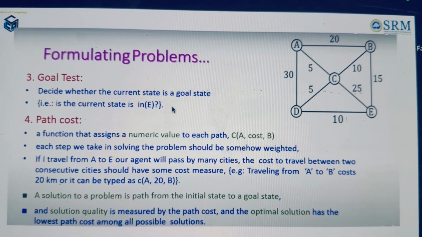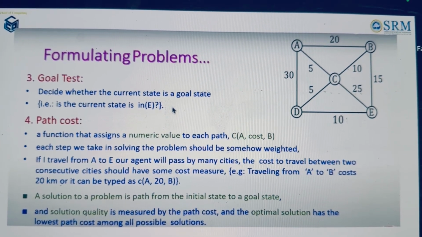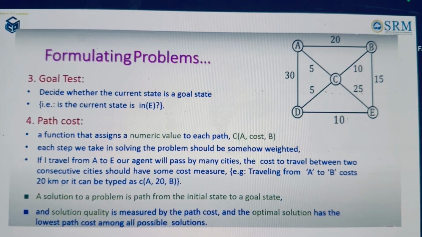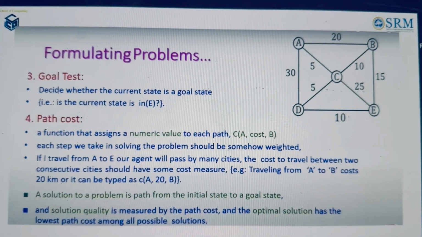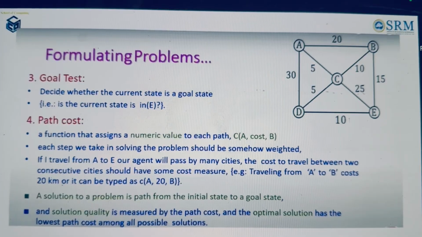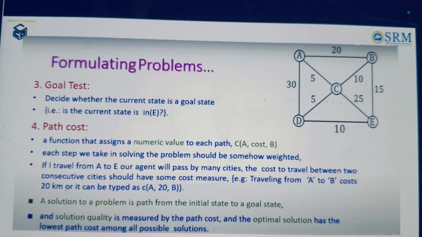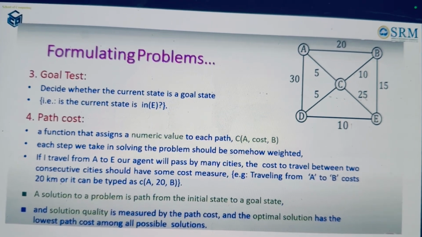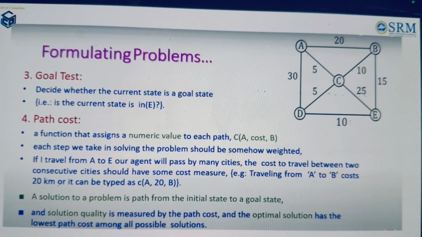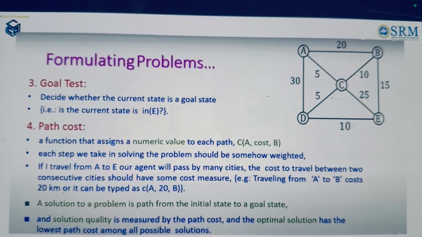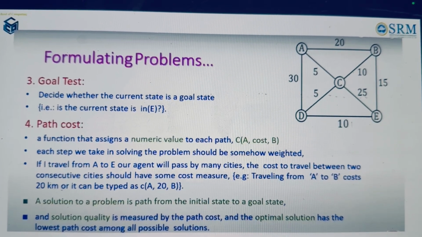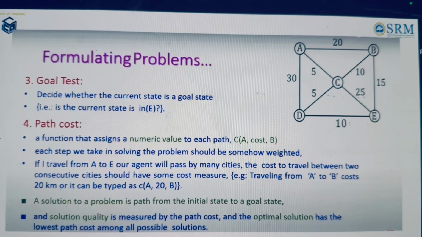And path cost, what is path cost? It would be the cost of resource to reach the next state. Yes, the cost between the current state to the next state, or time. So correct.